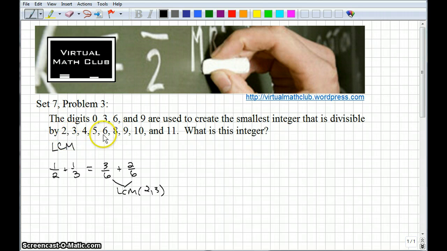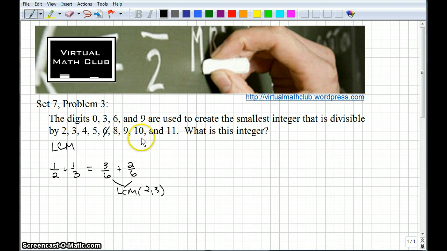So actually, we don't really need to look at 6, because if it's divisible by 2 and it's divisible by 3, then it has to be divisible by 6. If it's divisible by 8, the last 3 digits of the number will be divisible by 8. If it's divisible by 9, then all of the digits will add up to something that's divisible by 9.